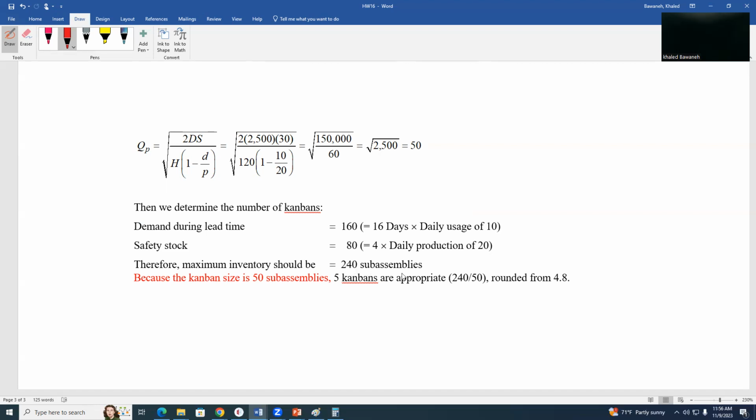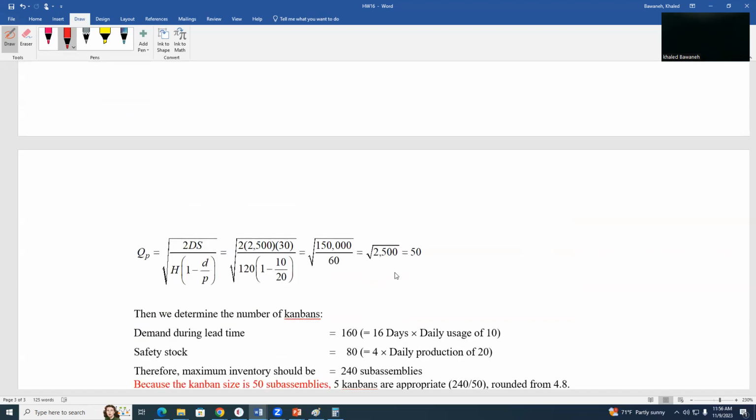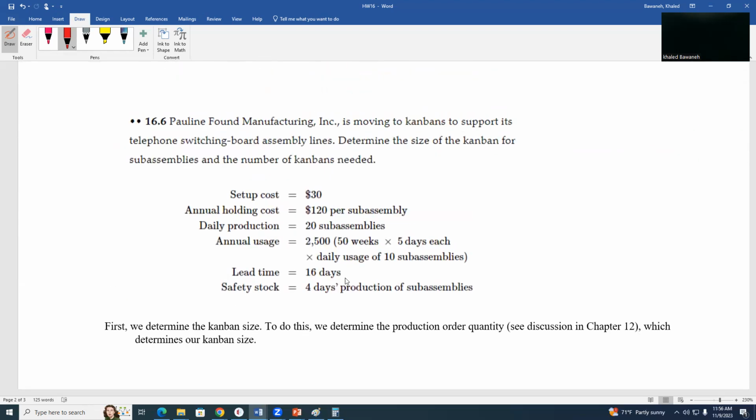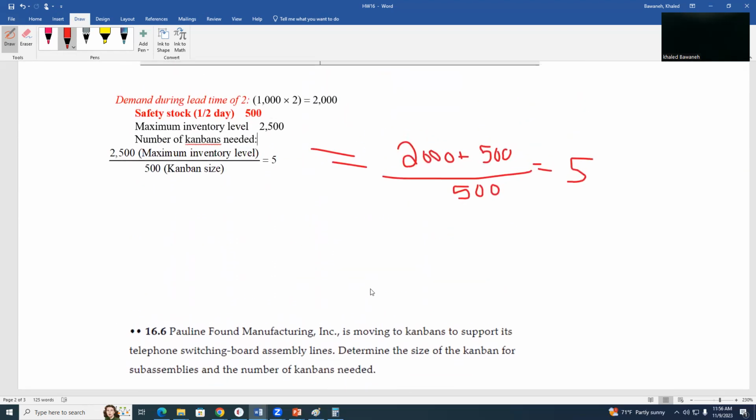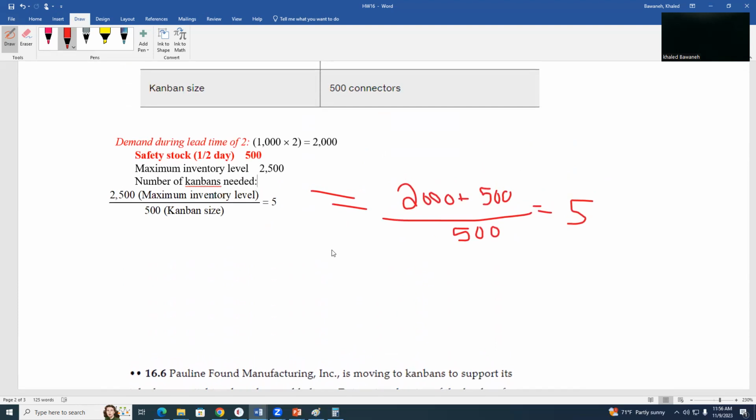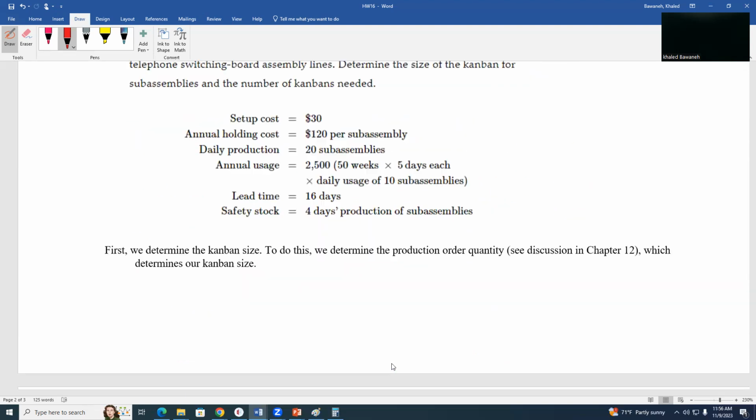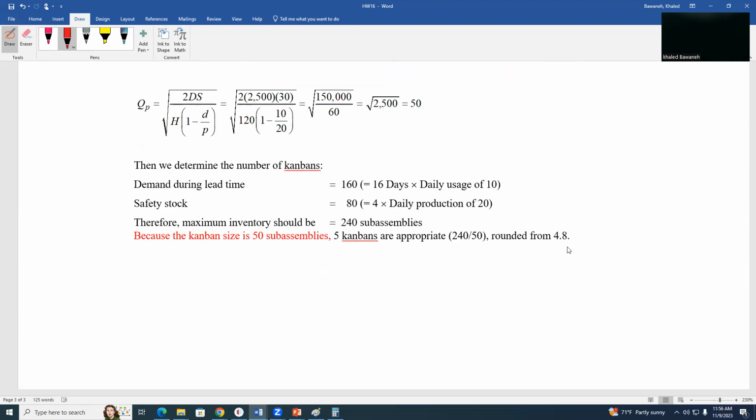So you have 240 divided by the Q. So this will give us 4.8.